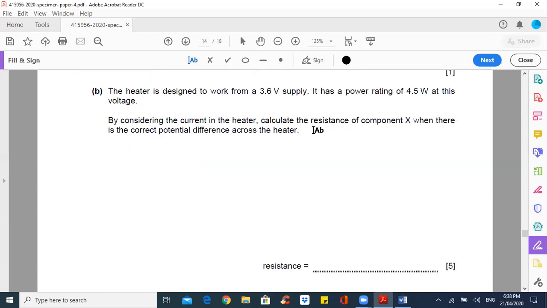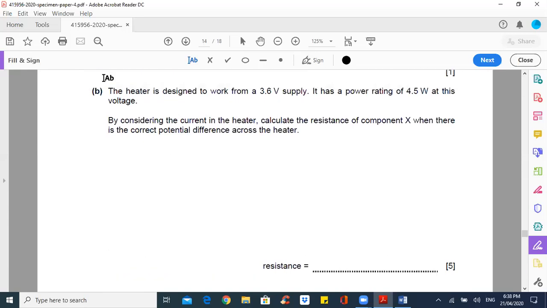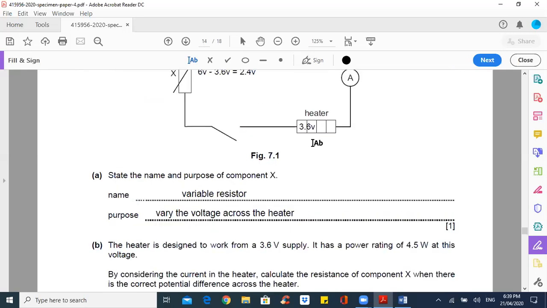They ask us now, consider the current in the heater. The heater is designed to work from a 3.6 volt supply and the power rating is 4.5 watts. So you have 4.5 watts here for the heater. Just put in values so you can see. So 4.5 and the voltage was 3.6, you can work back. Those are the two ratings.